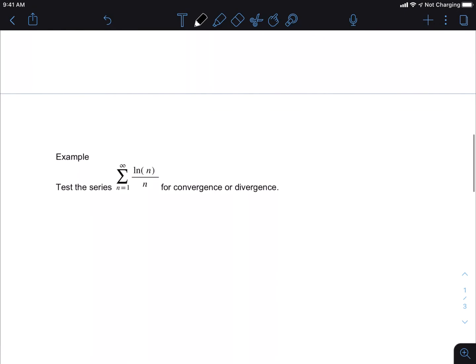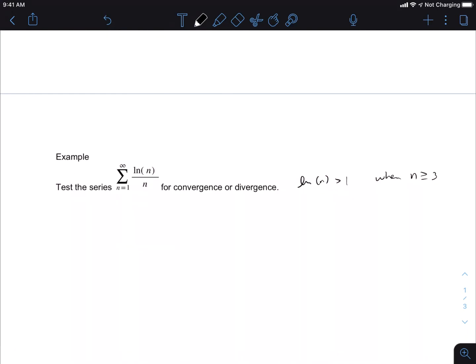Okay, so in this example here, we have ln of n over n, and we're trying to find out if this converges or diverges. Well, one of the things that's important that we need to know is that ln of n is going to be bigger than 1 when n is bigger than or equal to 3, right?